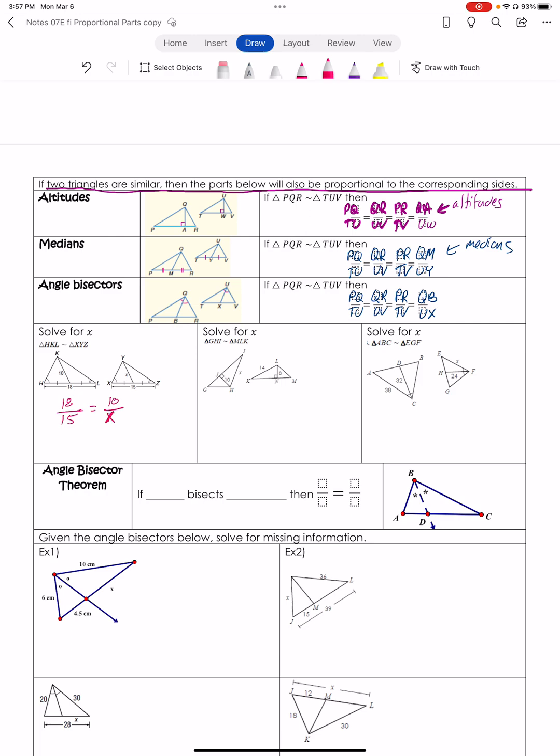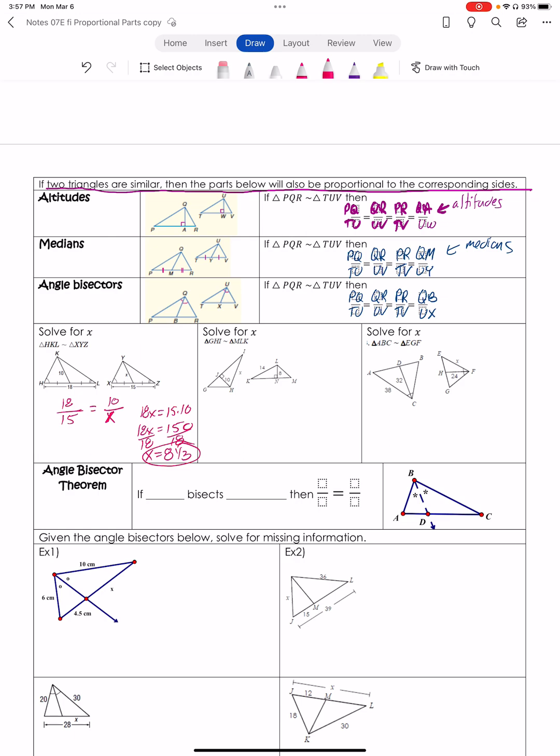So that's going to be 18x is equal to 15 times 10. 18x is equal to 150. So this is going to be divide by 18, divide by 18. X is equal to 8 and 1/3, or you can simplify your 150 over 18.